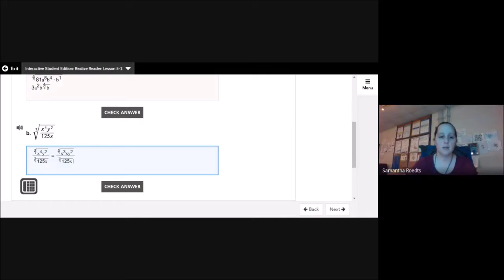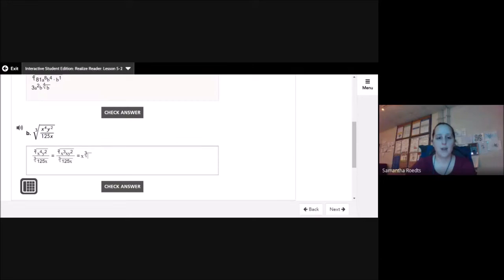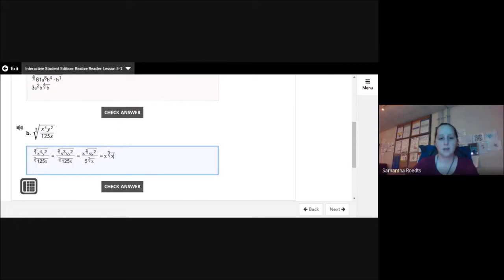So when I do this, this equals x, and then the cube root of x y squared over 5 cube root of x, okay, x y squared, so x can be written as this times root of y squared, and then x cubed over x.